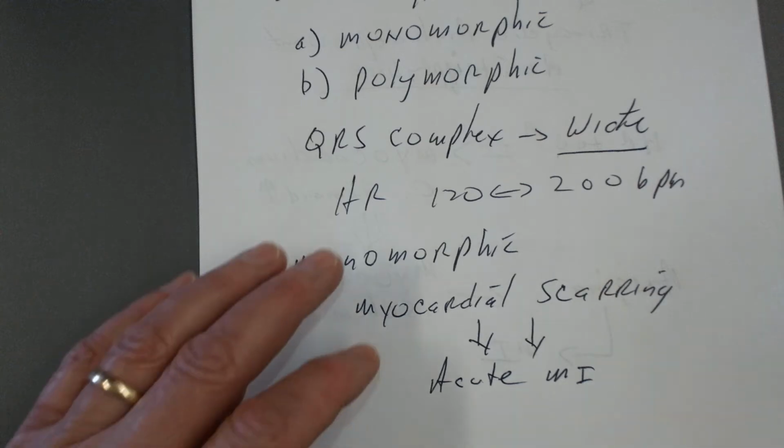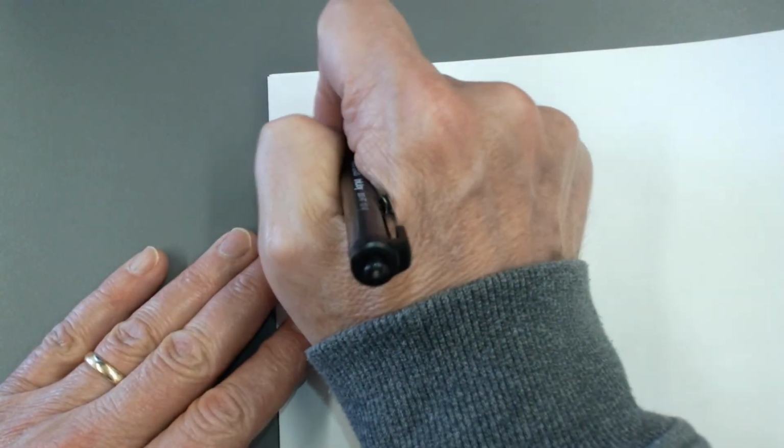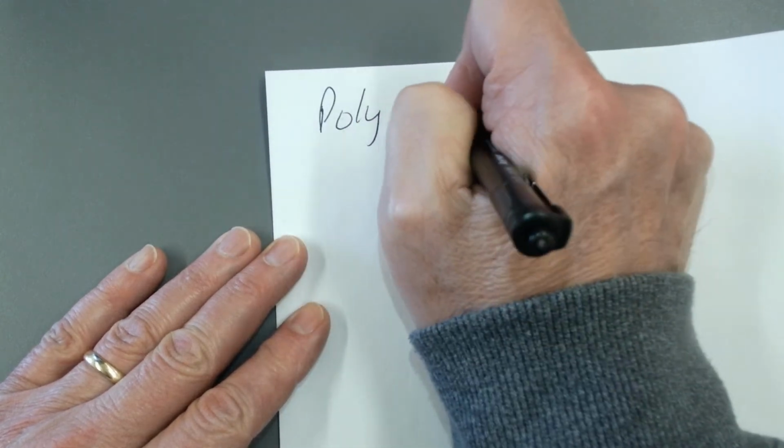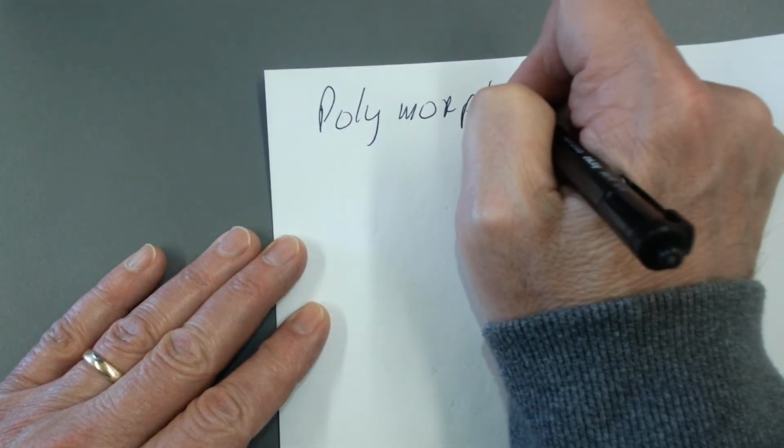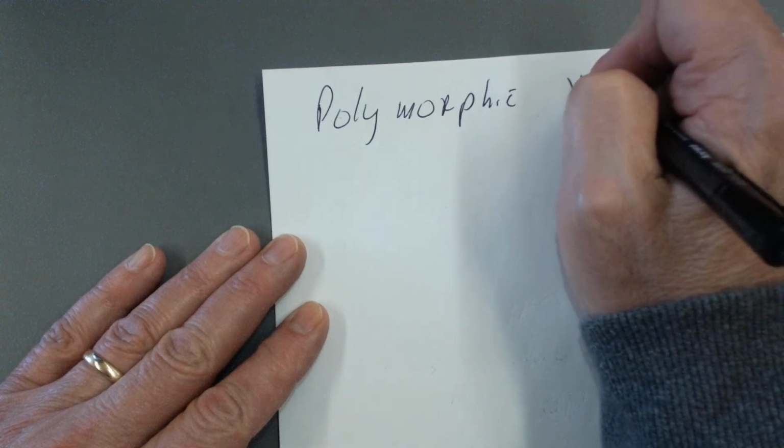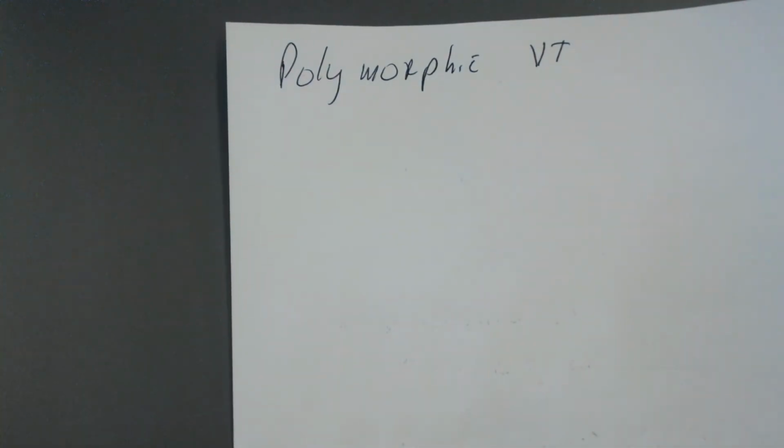Now when it comes to your polymorphic ventricular tachycardias, we're going to see that the QRS complexes have different shapes.